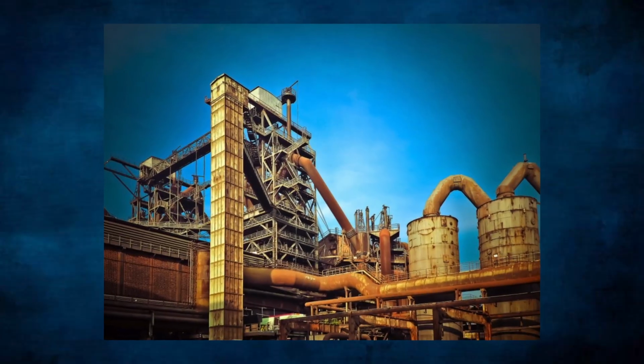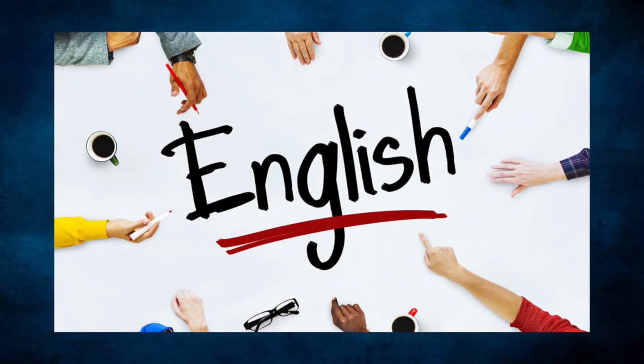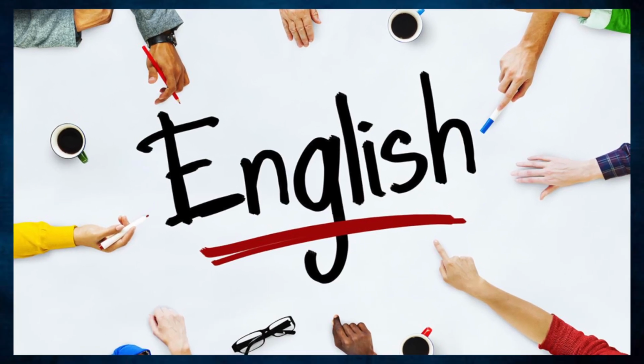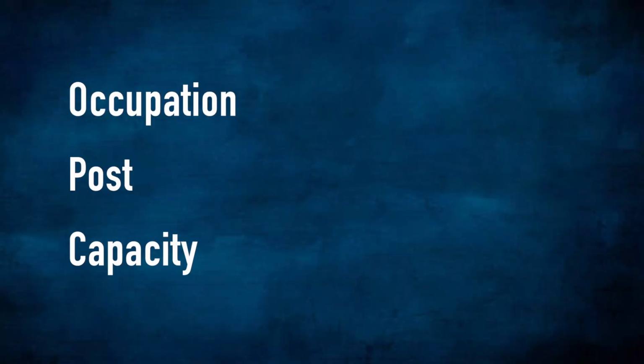It would be right to say that rural stratification is changing. In India, caste is becoming weaker due to the influence of factors such as industrialization, increase in the means of transportation, popularity of English education, political and social awakening, the democratic government, and the laws abolishing untouchability. On the other hand, status on the basis of occupation, post, capacity, etc. is being established.